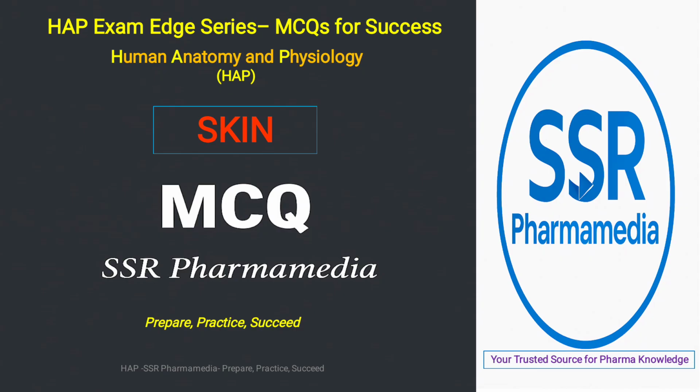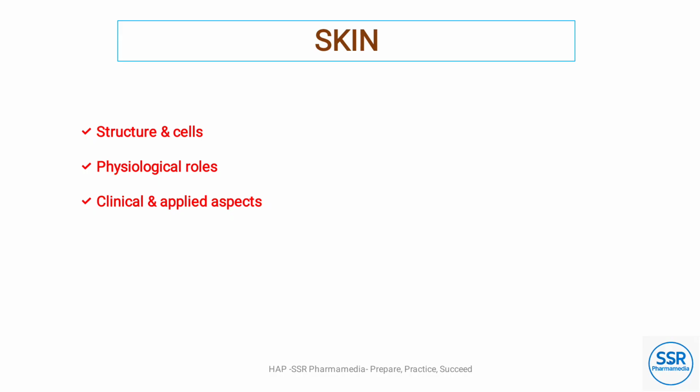HAP Exam H Series MCQs for Success. Human Anatomy and Physiology. Today we are going to discuss skin. The largest sense organ, and the largest organ of the human body, is called skin.